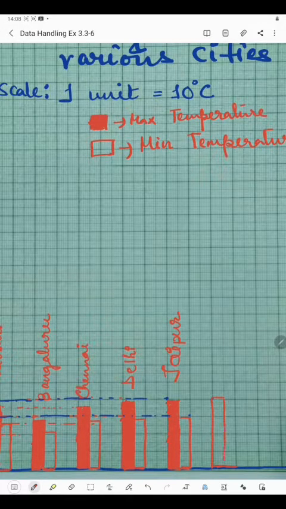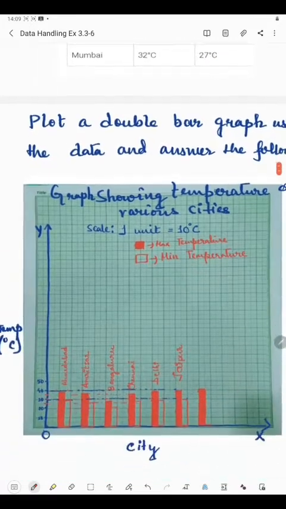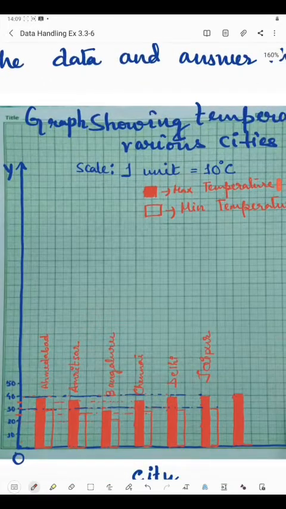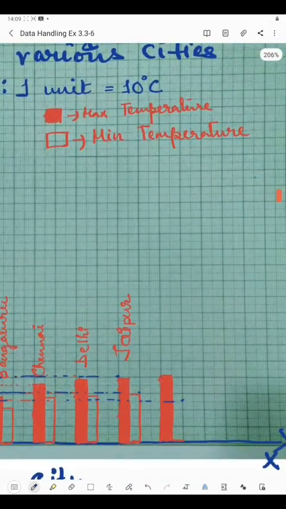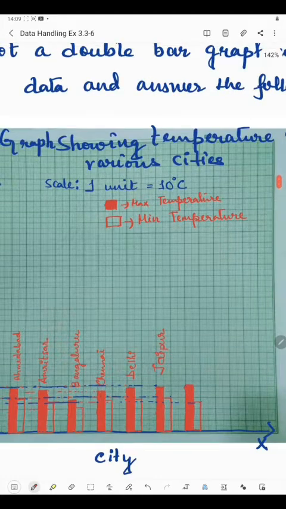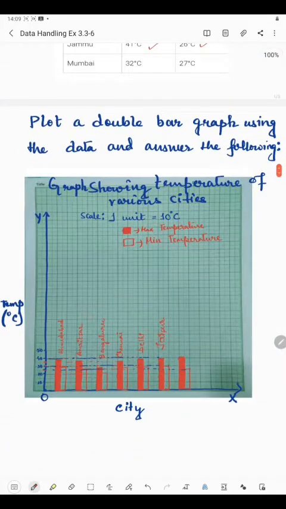Now we will have to shade it. Now minimum is 26. Now where is 25? 25 is in between 20 and 30. That means it will be here. Okay, and 26 means one box more than this. So it will be here. So this bar represents the temperature in Jammu.